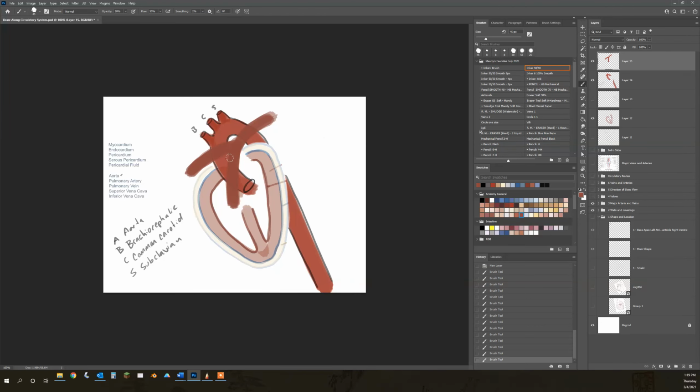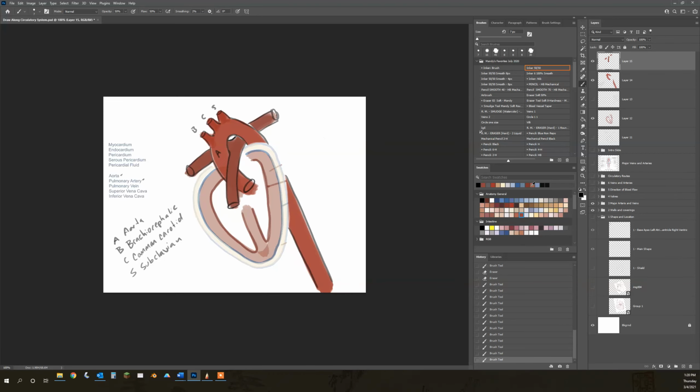So if I erase some stuff, here it's behind, here it's behind, here it's in front. And the pulmonary artery goes to the lungs, and we'll talk about that more when we get into the circulation route. All right, so that's our pulmonary artery.